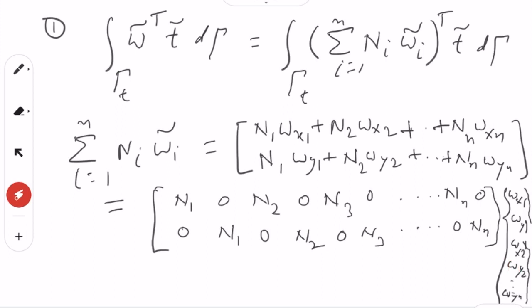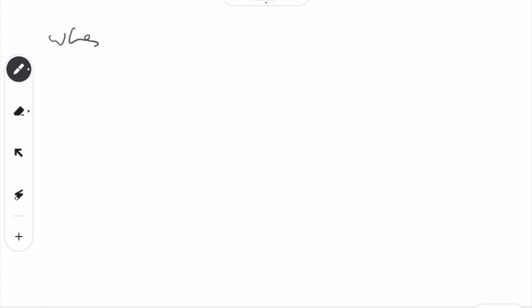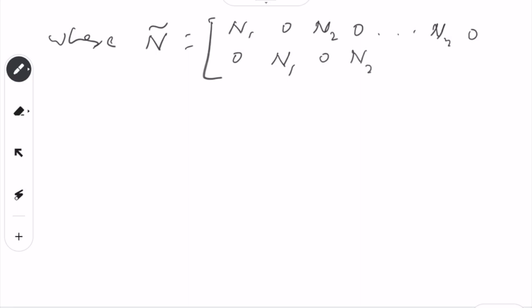Okay, so this we can say is equal to N. So let's call it the N vector, N tilde, and then we said this is w, big W. Let's call it big W_e tilde, where N tilde is nothing but the first row N_1 0 N_2 0 and so on till N_n 0, and the second row 0 N_1 0 N_2 and so on till 0 N_n.